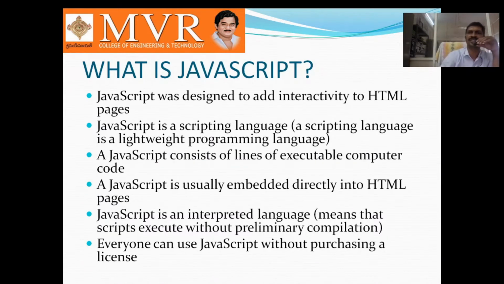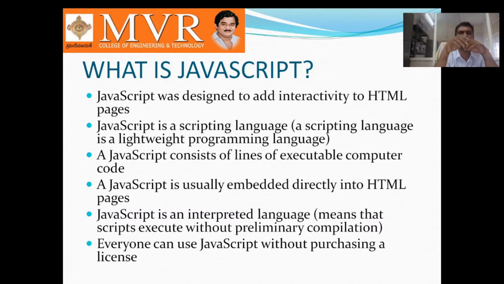This is the main purpose of JavaScript: it was designed to add interactivity to HTML pages. What is interactivity in an HTML page? Suppose I click the submit button, some pre-verification is done before submitting the data.